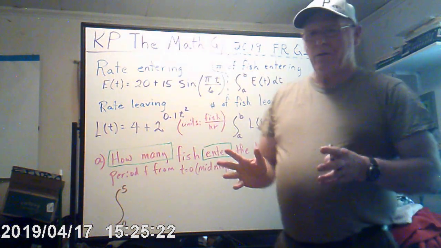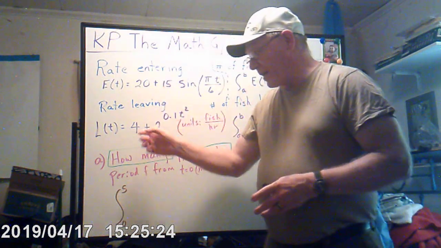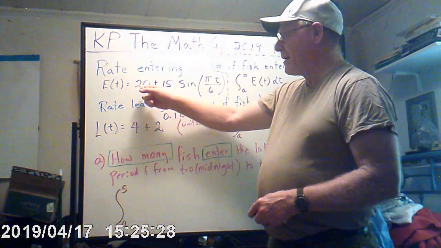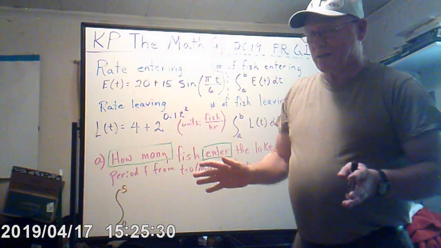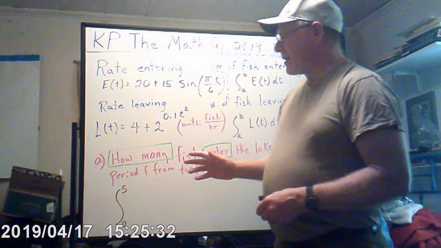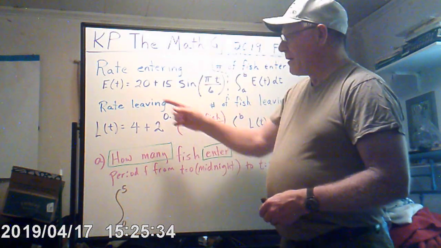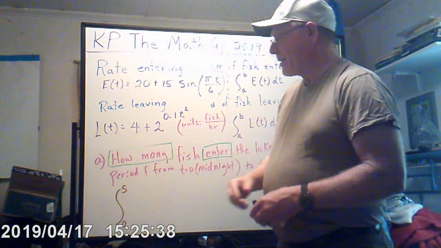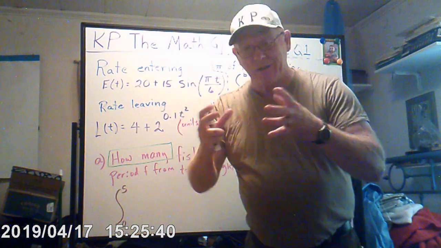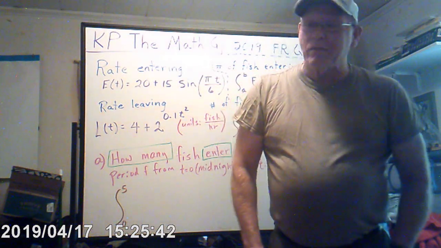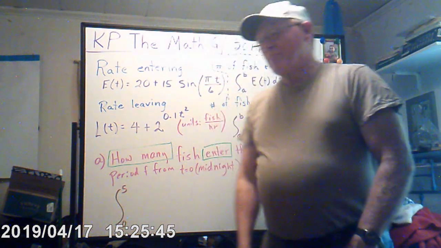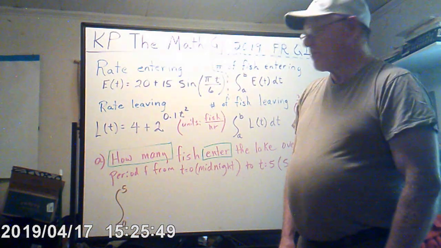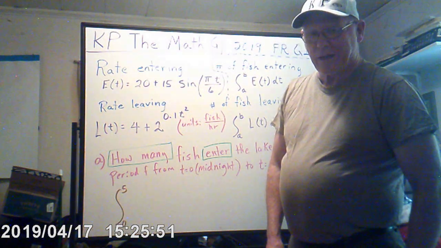But I would suggest even a Y3, because you're usually going to get this type of question, the rate entering minus the rate leaving, or how many fish. We do have a problem or two like that, so just be aware of that and what those graphs look like.